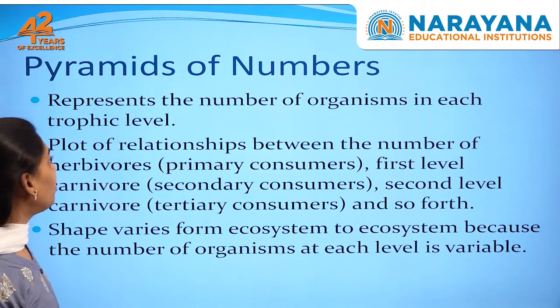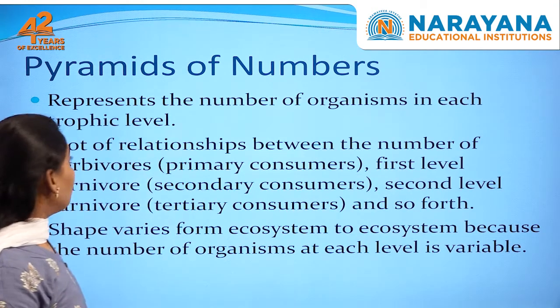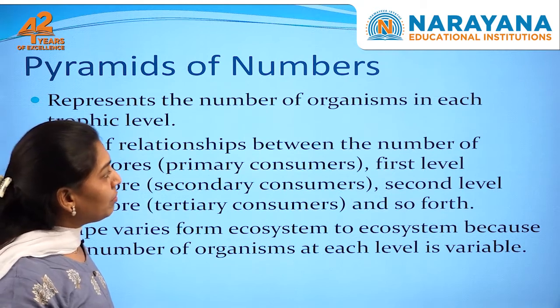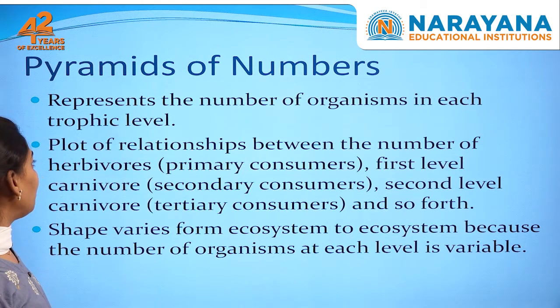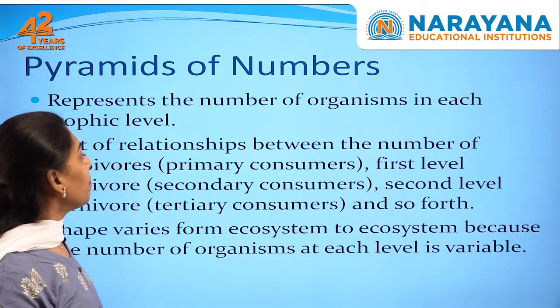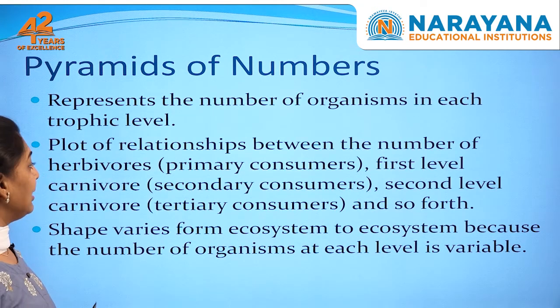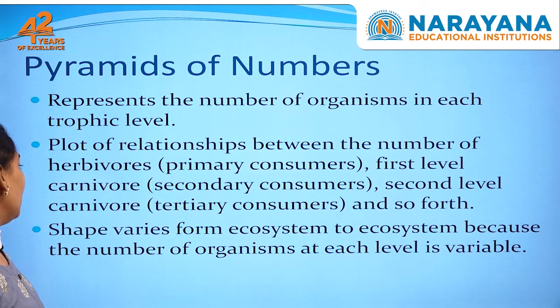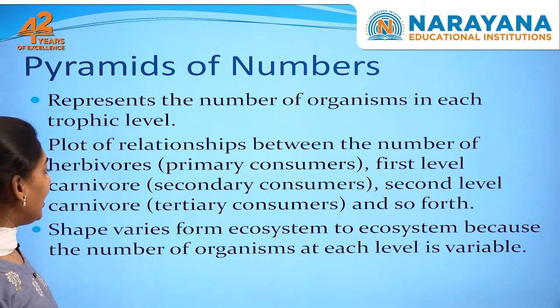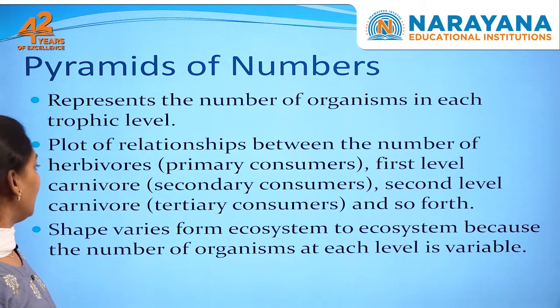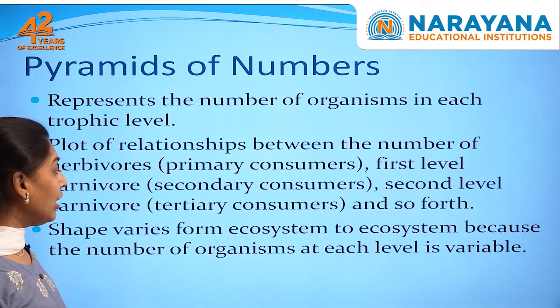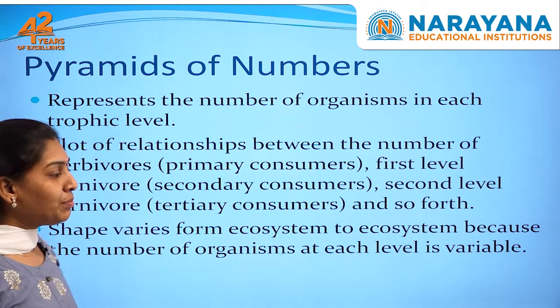Let's see the pyramid of number, which represents the number of organisms at each trophic level, the relationships between the number of herbivores, first level carnivores, second level carnivores and so on. The shape varies from ecosystem to ecosystem because the number of organisms at each trophic level is variable.